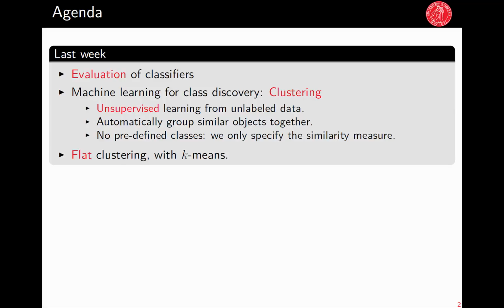Instead, we're just given the data, and then by defining our features, the feature functions for describing and representing our data, and some similarity metric for measuring the similarity of two objects based on these features, a clustering algorithm is to just by itself come up with a hypothesis about classes or groups that exist in the data. So it's in a sense even more automatic than these supervised classifiers are.